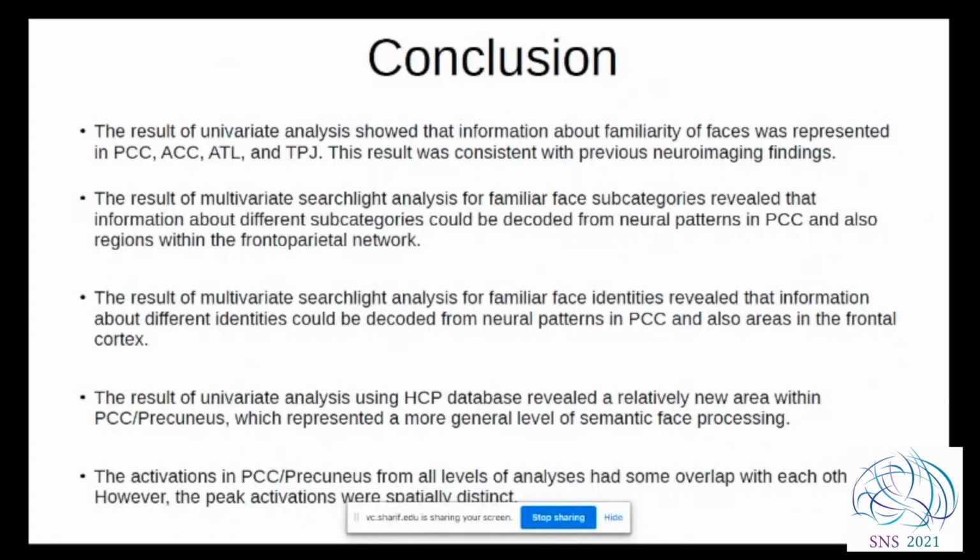So I can skip these points. So basically, what we found was that there are some spatially adjacent regions within left posterior cingulate cortex that process distinct properties of familiar faces.